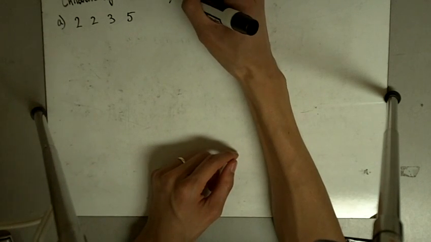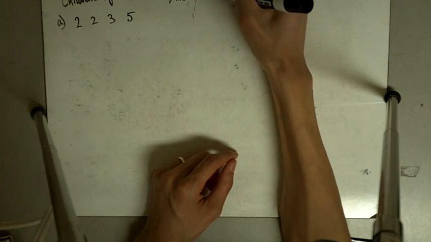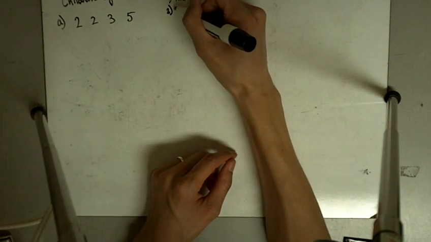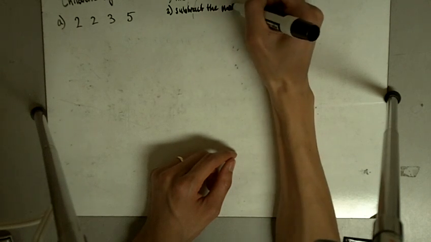The first one is find the mean. And then the next step is to subtract the mean from each number.